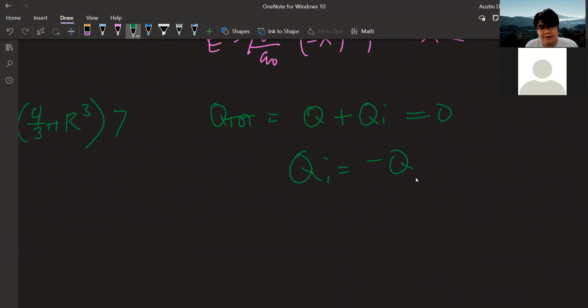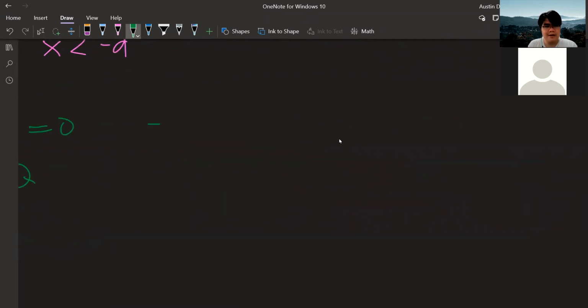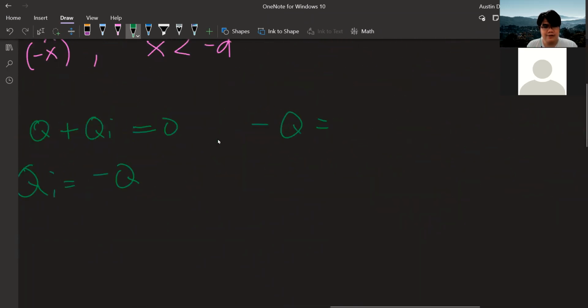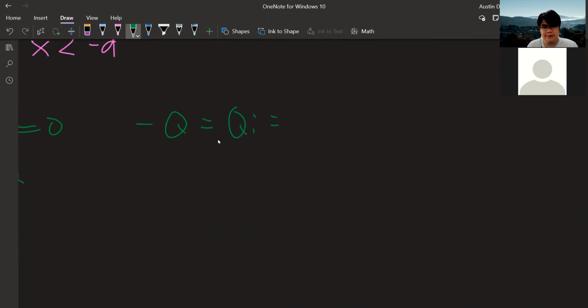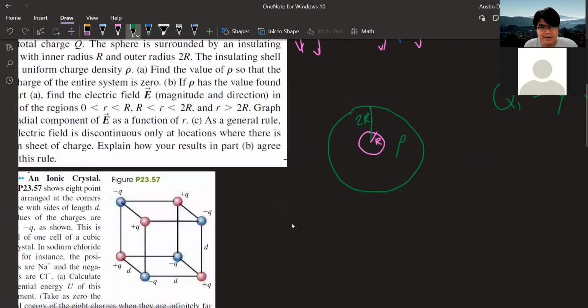Nalaman mo na yung Qi must be equal to negative Q if you want this to happen. Then by that, I would have negative Q equal to Qi, that is rho times 4/3 pi r cube times 7. Okay, ito yung nakuha natin yung result kanina. And I just find my rho to be negative Q over 4/3 pi r cube times 7. Okay, so this is my rho if I want the net charge to be 0.